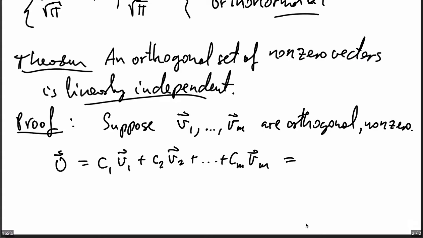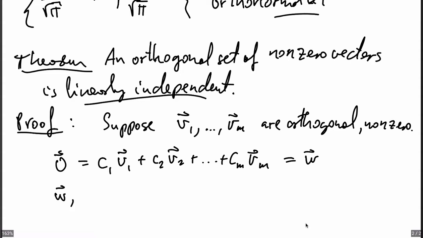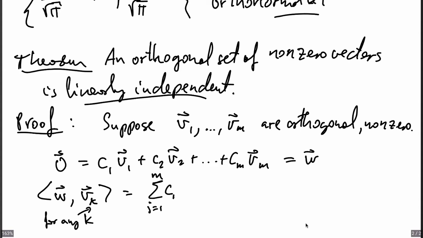So let's denote this with w, and let's take the inner product of w, which is the sum, with each of these vk vectors for any k. So what we have is that this is the sum going from 1 to m, cj vj with vk.